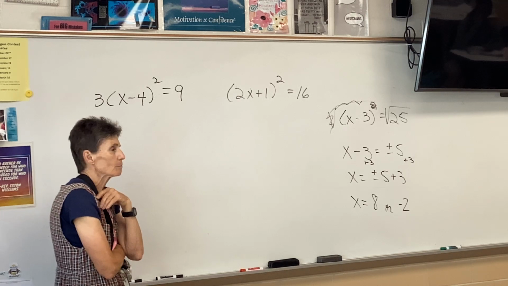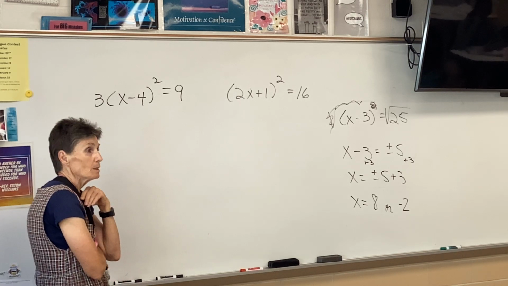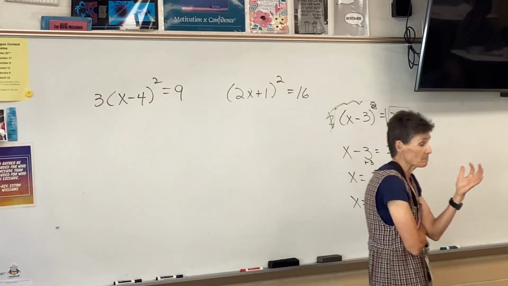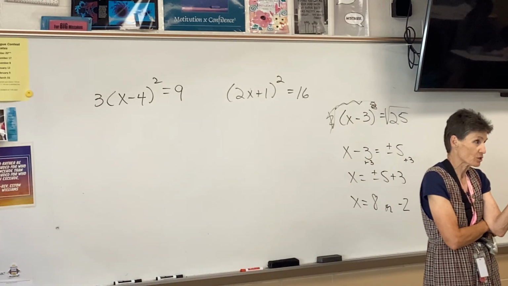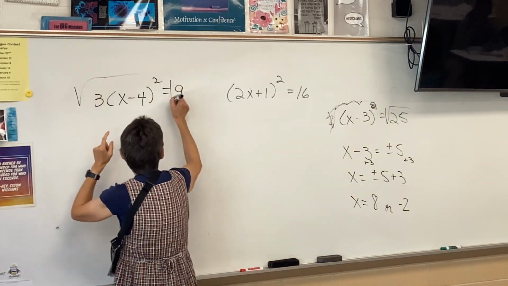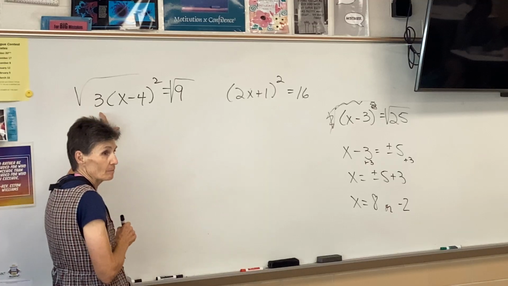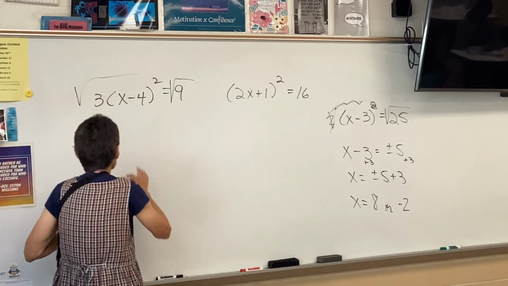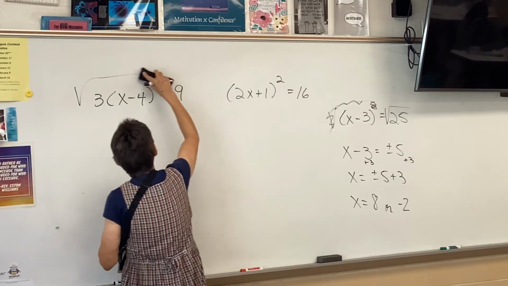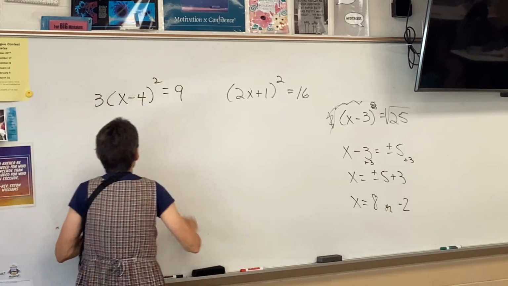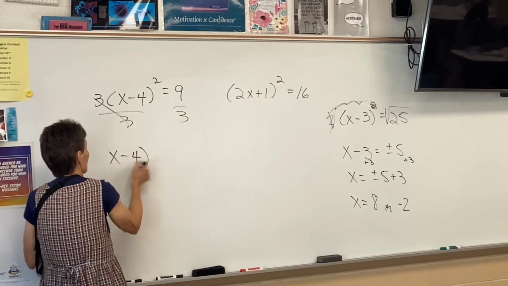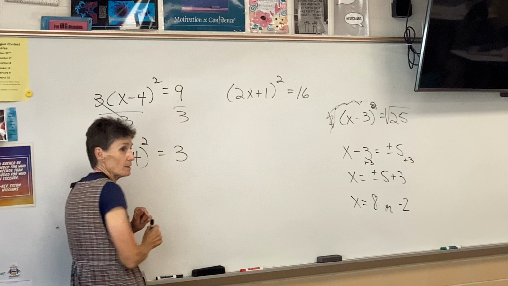I can't square root one side, I have to do both sides at the same time, and that's what has me a little concerned. If I just did this right now, that's going to be tough. So maybe I'll divide both sides by 3 instead. Totally legit, you can do that. And now I don't have to worry about that 3 anymore. So now I have x minus 4 squared equal to 3.